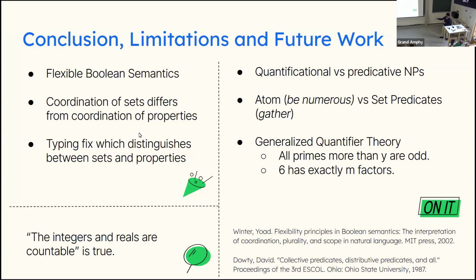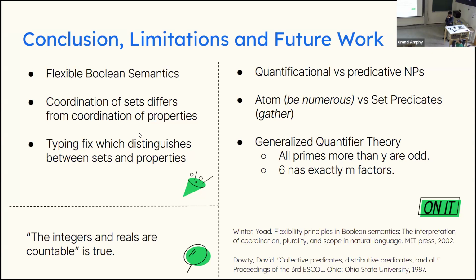Now there are some limitations as well. If I ask anyone here whether the sentence, the integers and reals are countable, is true or false, I think most of us would say it's false, because reals are not countable. But note that this sentence is a bit different from what we saw earlier. There's no the between and and reals.